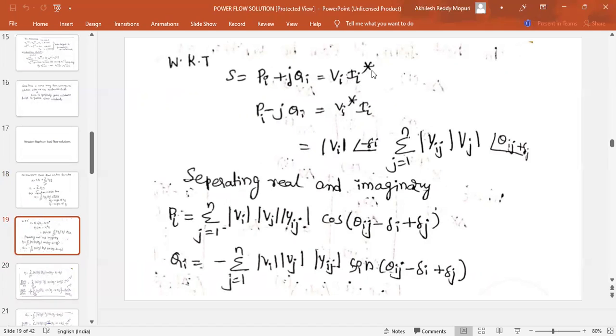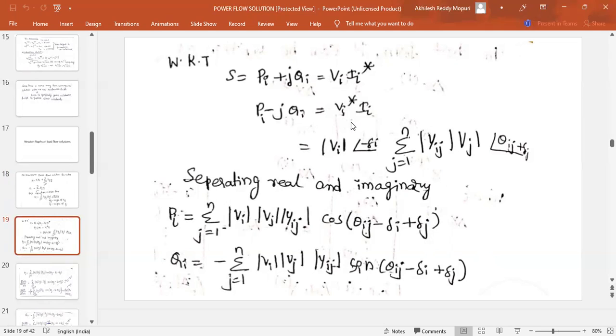Now, we know that S is equal to P plus jQ, which is equal to V into I complex conjugate. If we apply the conjugate on both sides, P minus jQ is equal to V conjugate into I. As I said, V is equal to V at an angle of del.